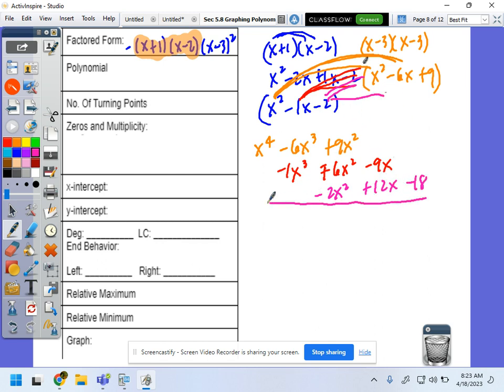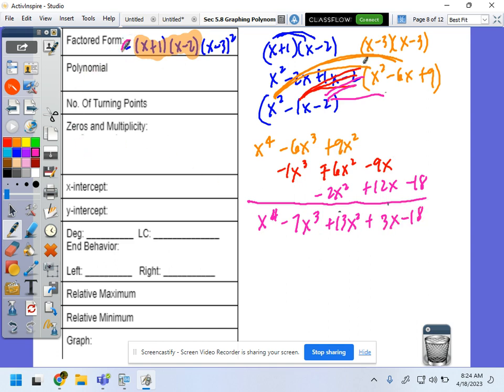So therefore, my answer so far is x to the fourth minus 7x cubed. What is that? 16, 15 minus 13, right? Plus 3x minus 18.